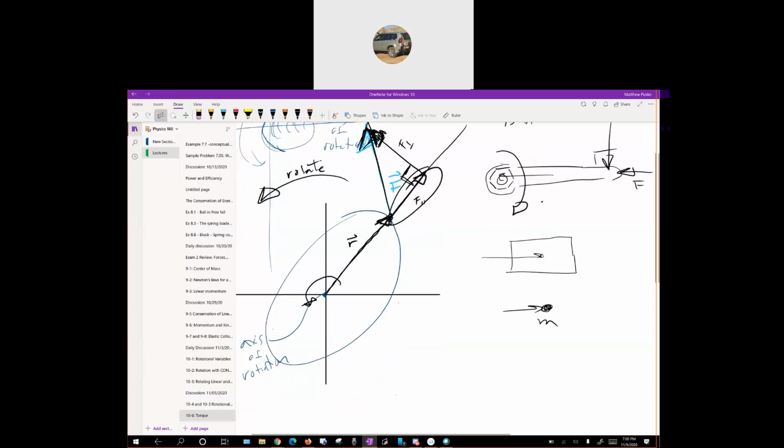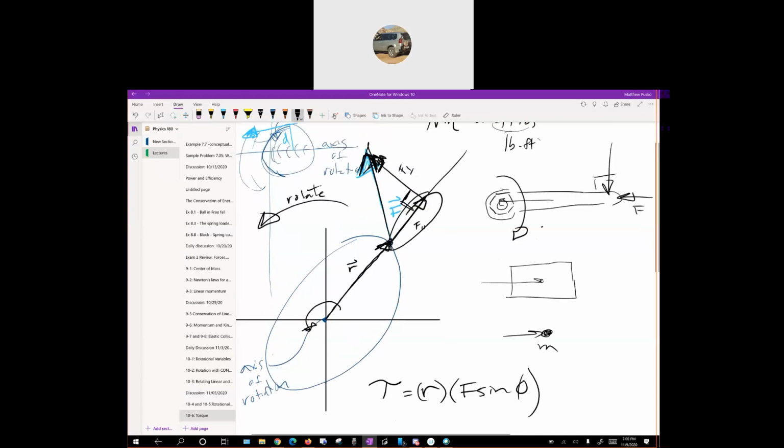And that'll give us the torque in vector form, or for now, we will just reduce it to: the torque is equal to that distance r times F sine phi. And phi we will call the angle right here, the angle between the projection of r and the force.